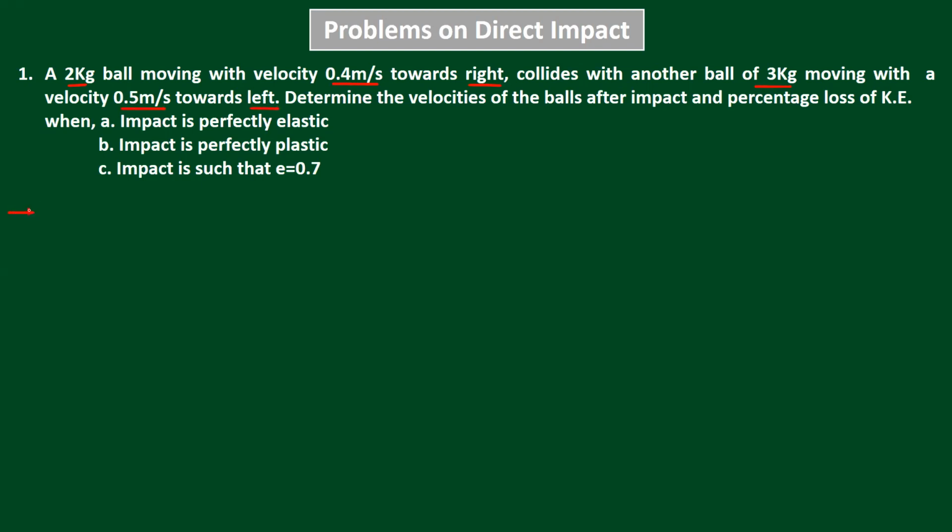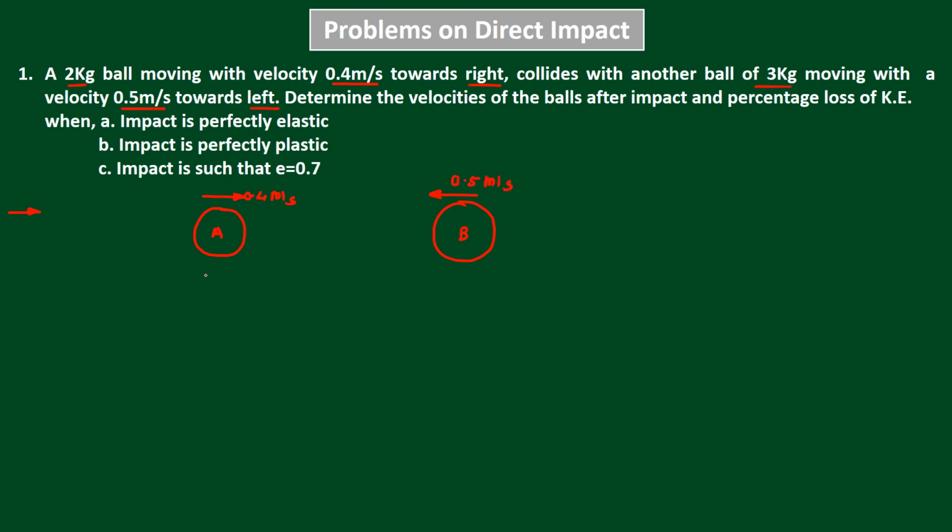So there are two balls, ball A and B. Ball A has velocity 0.4 meter per second towards right, and ball B has velocity 0.5 meter per second towards left.